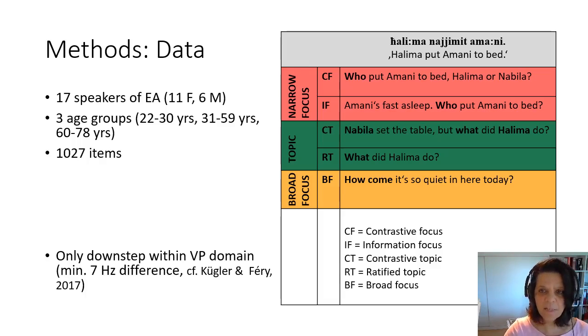On the right-hand side, you can see a target sentence of our data set put into 5 information structure conditions. The narrow focus, so contrastive or information focus, is signaled with red color, and topic is signaled in green, and broad focus with yellow. And we'll be using these colors to signal the information structure categories throughout the paper.